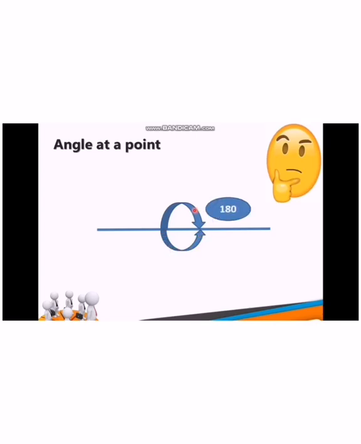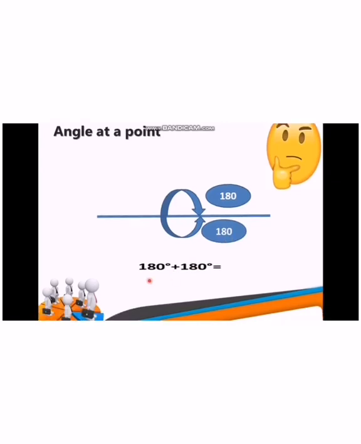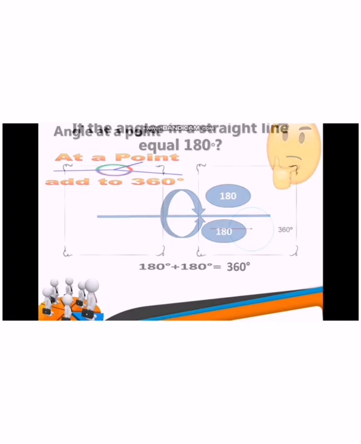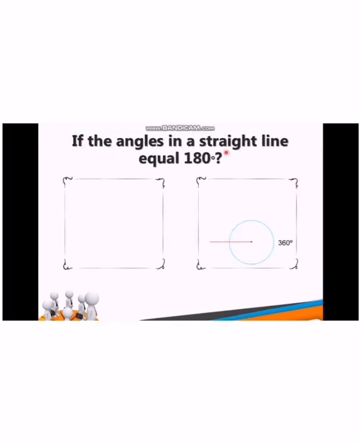The upper angle is 180 degrees because angles on a straight line add up to 180 degrees. When we add these two 180 degrees, we get 360 degrees. So the conclusion is angles at a point add up to 360 degrees.